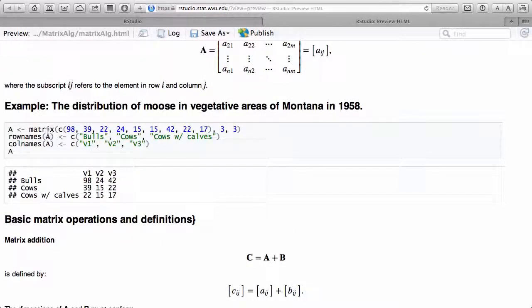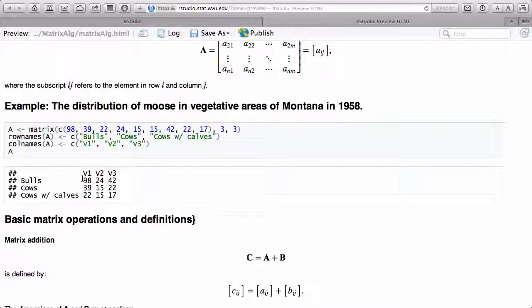In R, you can create a matrix with the function matrix, unsurprisingly. So here's a matrix, and this says it's 3 by 3. Now in R, by default, R creates a matrix column by column. Suppose this data represents bulls, cows, and cows with calves, and the V's represent three different vegetation areas in Montana.